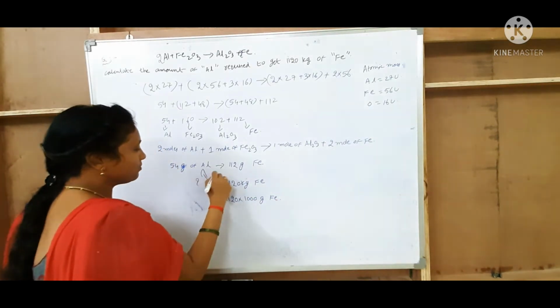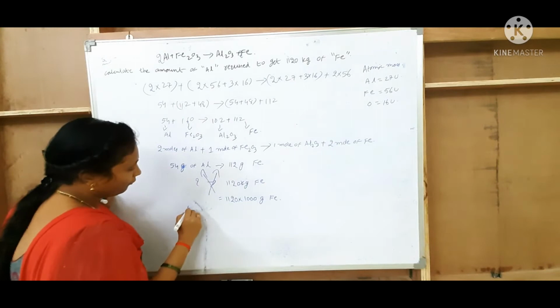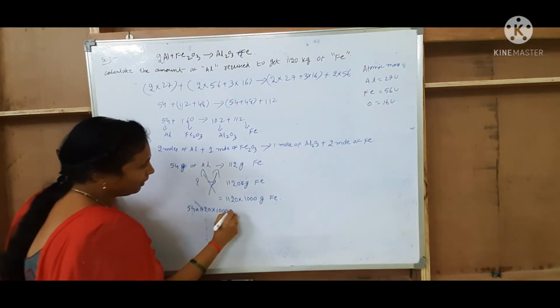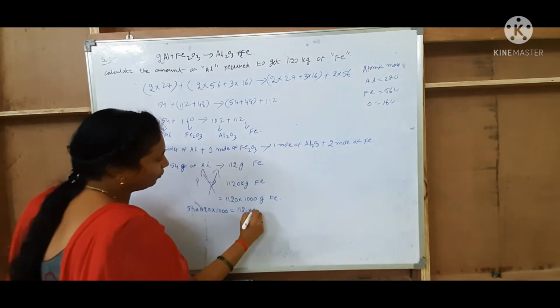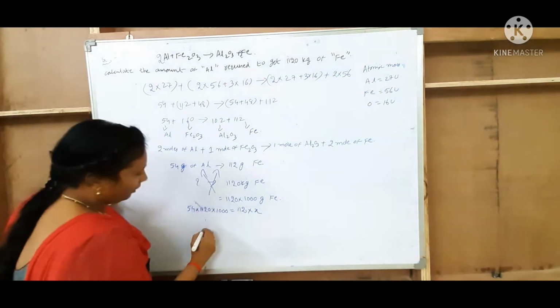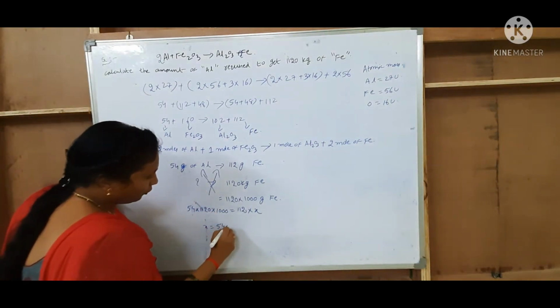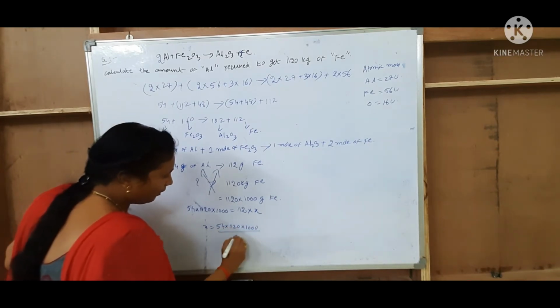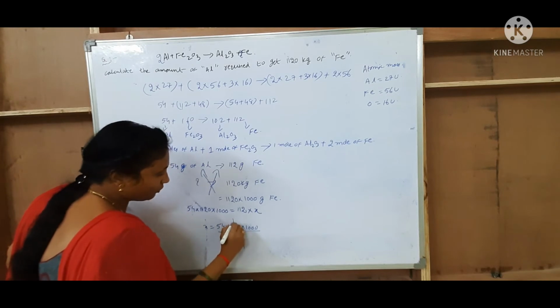Okay, here the cross multiplication takes place. 54 into 1120 into 1000 is equal to 112 into x. X is equal to 54 into 1120 into 1000 by 112. 112 ones are 112, tens are 10.